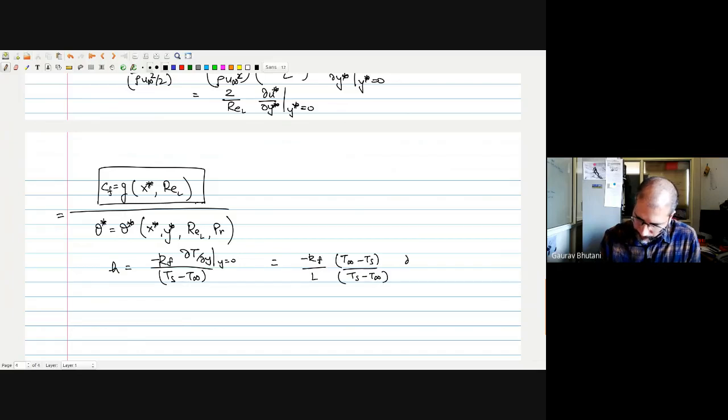And then we have del theta star by del y star at y star equals 0. So when I simplify this, the minus sign goes away because we have a T infinity minus Ts upon Ts minus T infinity. That gives us a minus sign that cancels with the minus sign here. So we get a kf upon L.